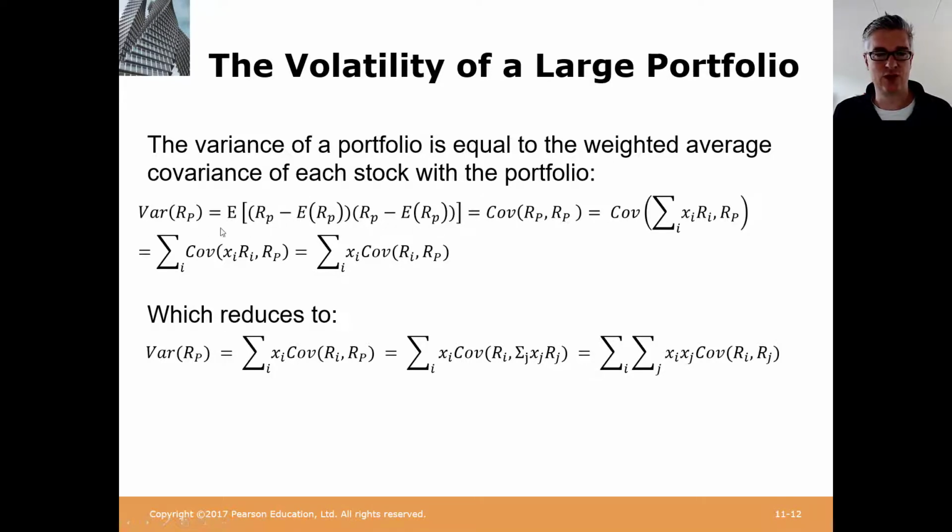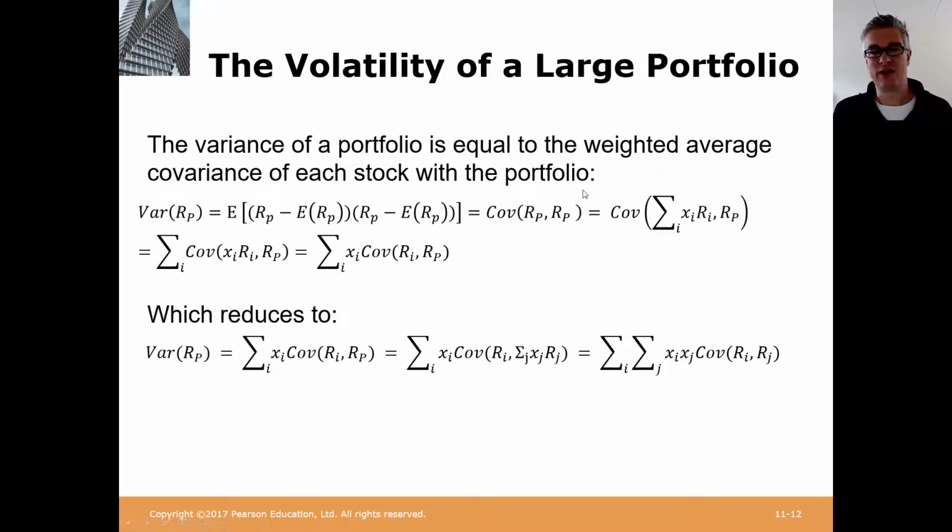So these are simply the squared deviations, right? But then, it's like I have the covariance of a portfolio with itself. So this is a bit of a roundabout way of writing this out, but it becomes useful in just a second. The variance of a portfolio is like the covariance a portfolio has with itself.